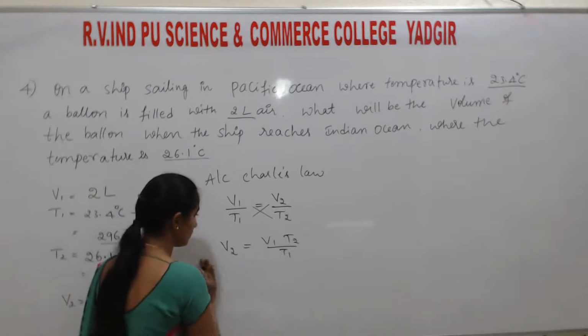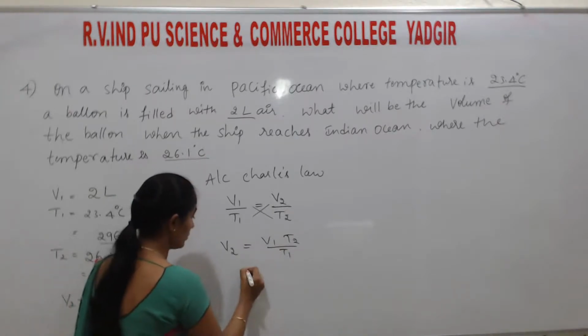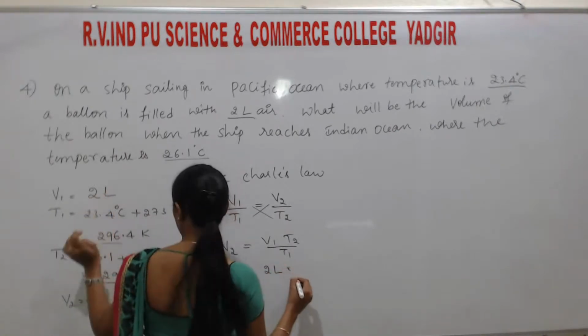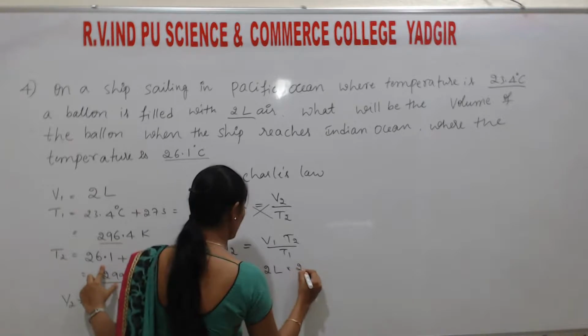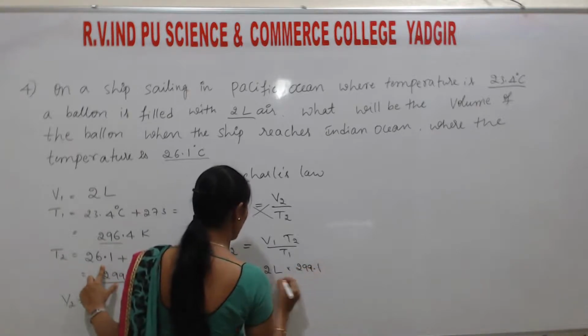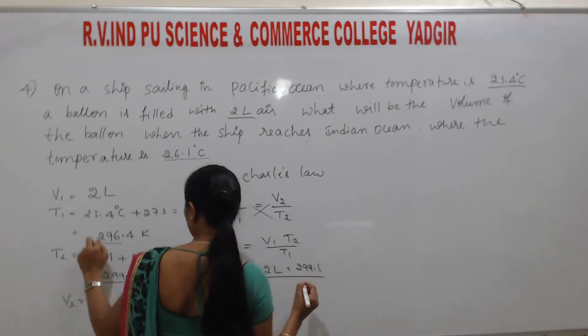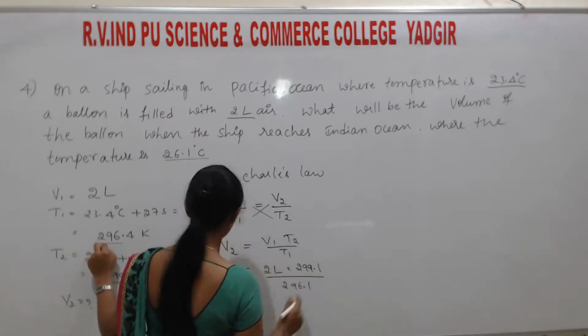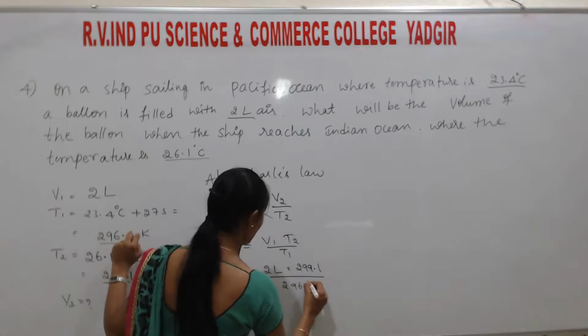Here V1 is 2 liter, T2 is 299.1, and this one is 296.4.